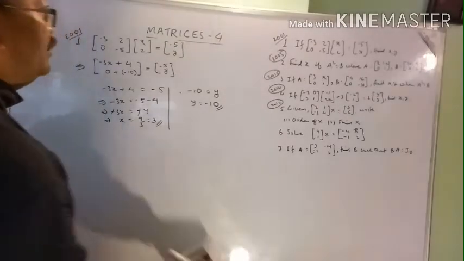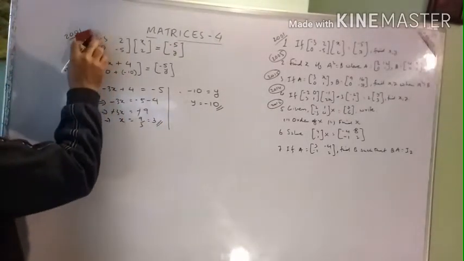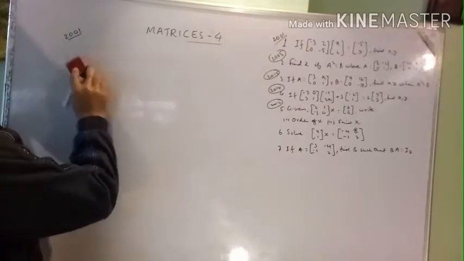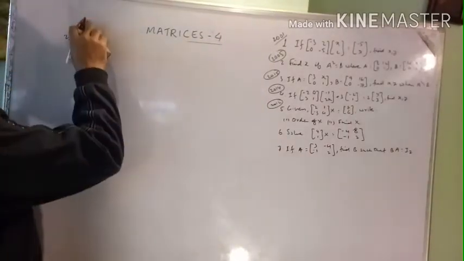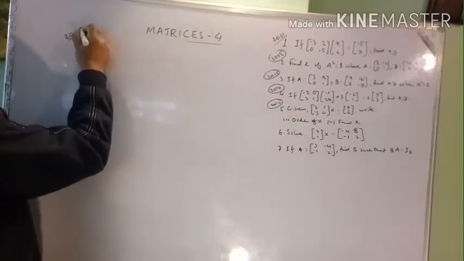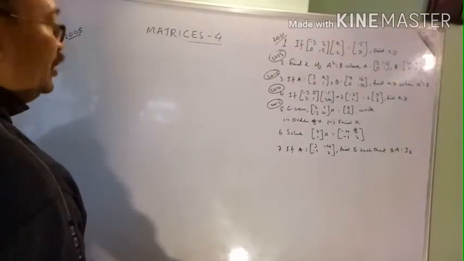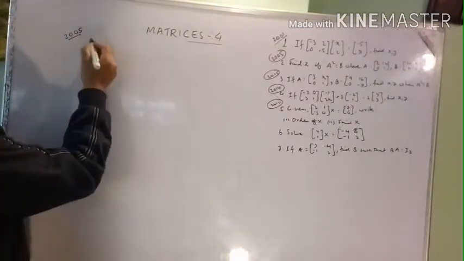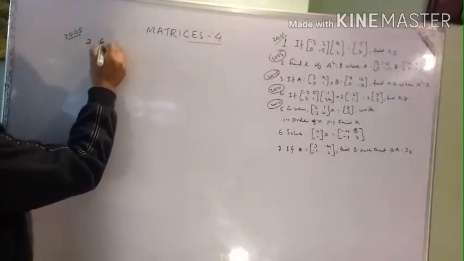Okay. Now let's take question number 2. Question number 2 came in the year 2005 in ICSE 2005. Here we have to find x if A square equal to B, where two matrices are given.